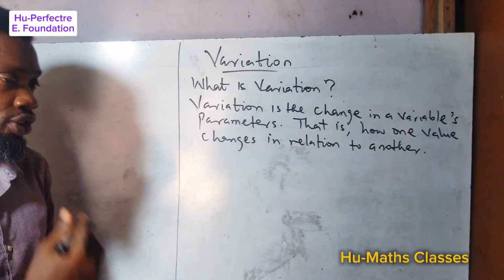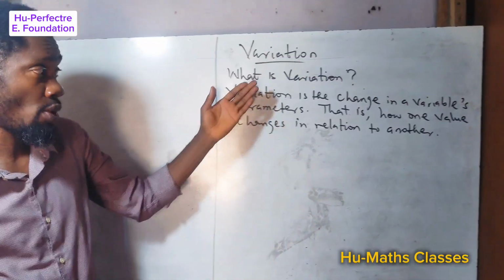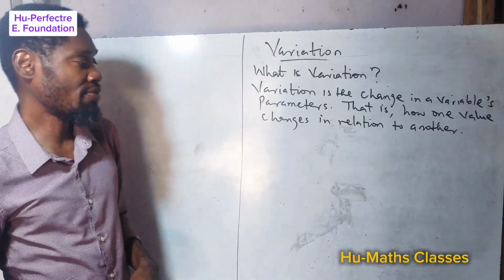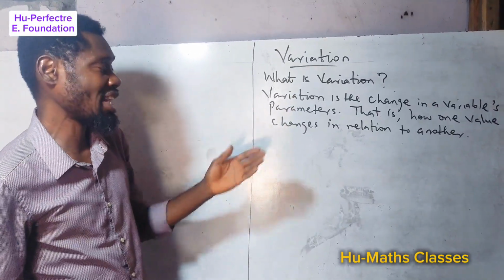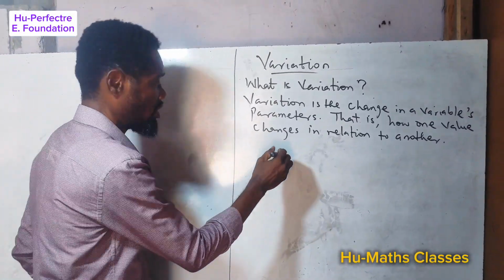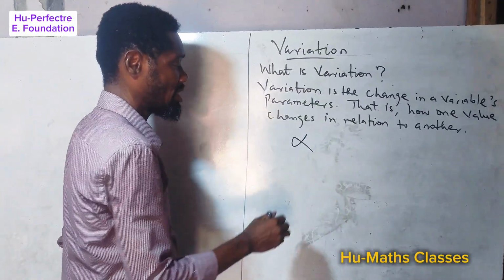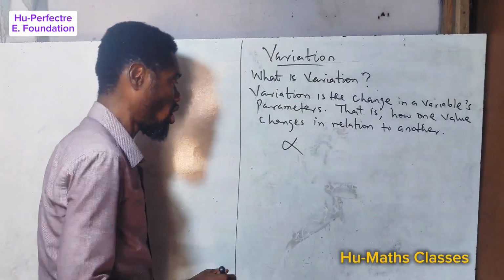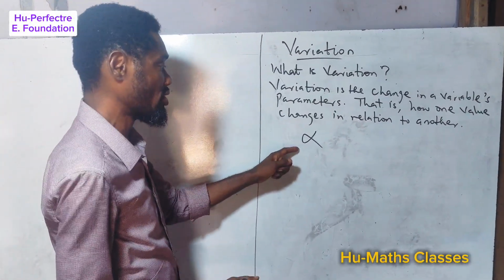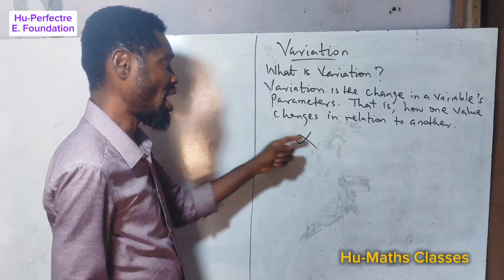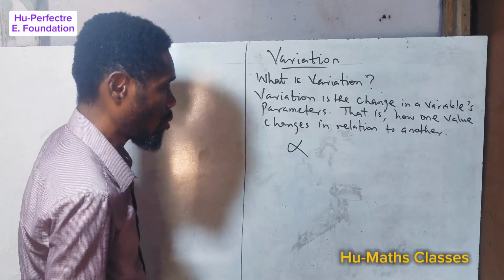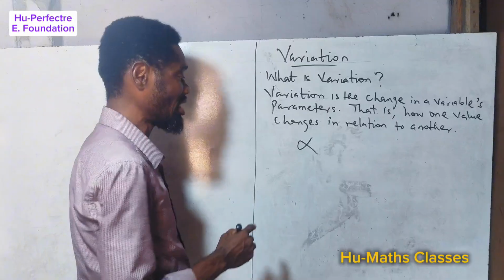So we'll be dealing with a lot of changes in the course of solving problems that have to do with variation. In variation or in proportionality, we use this symbol to represent that mathematical operation. So this symbol denotes variation or proportionality in mathematics.